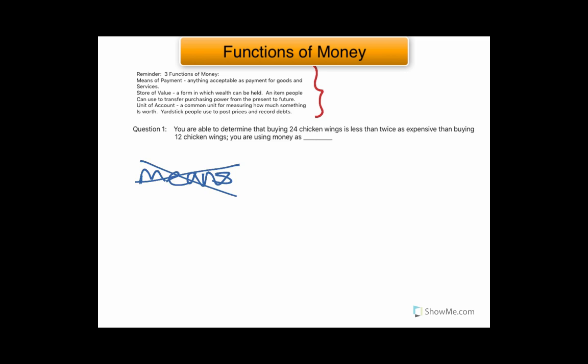Store of value, again, if you look at the top, it tells us store of value is a way to hold your wealth or transfer it from the present to the future, sort of like saving money. And again, we're not doing that here either. And of course, that leaves unit of account. So that's the function of money being used. The reason is that unit of account is a way of measuring how much something's worth.